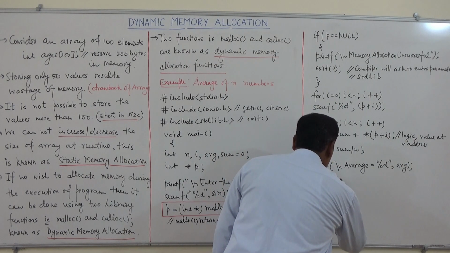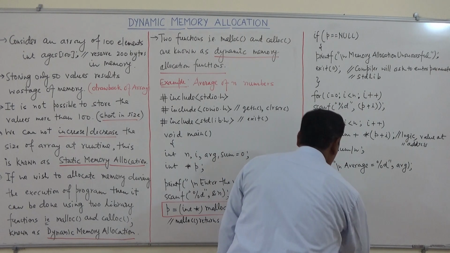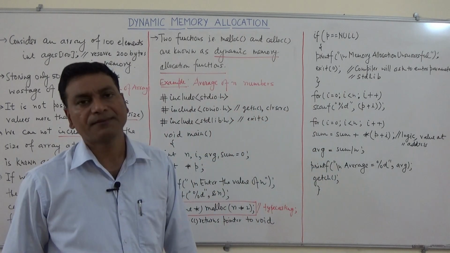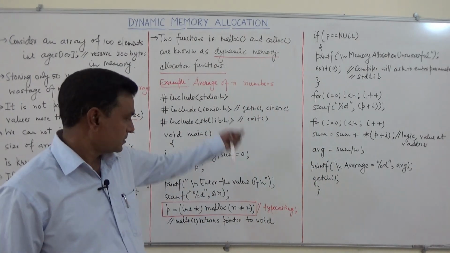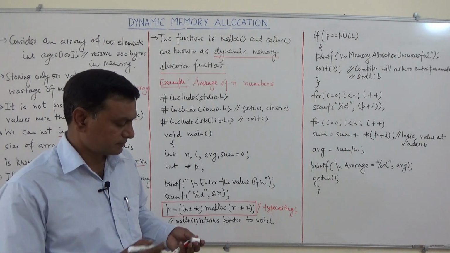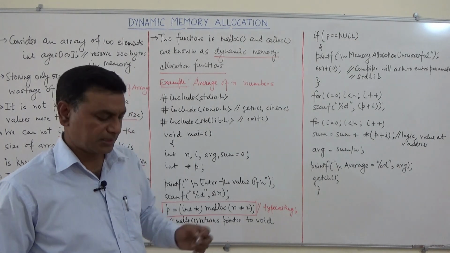So in this way we can print the average of n numbers. This is the full program by which we can find out the average.